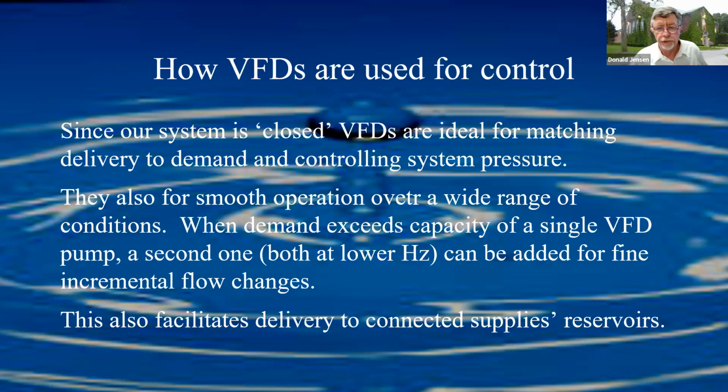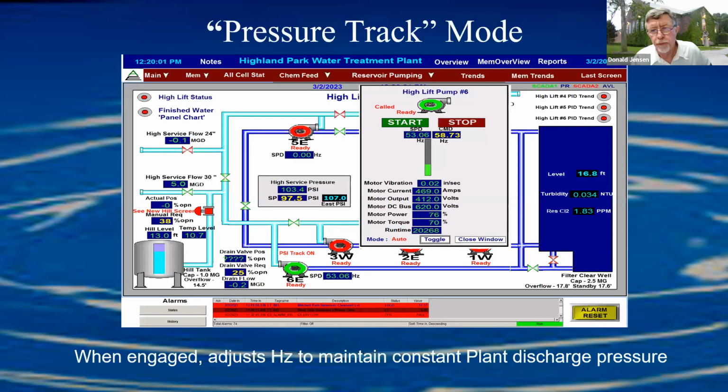We can occasionally operate, if we need more than 1 VFD pump can produce, a second one, and run them both at lower speed. This is a snapshot of one of our SCADA screens. We have a SCADA rig so that we can do what we call a pressure track.